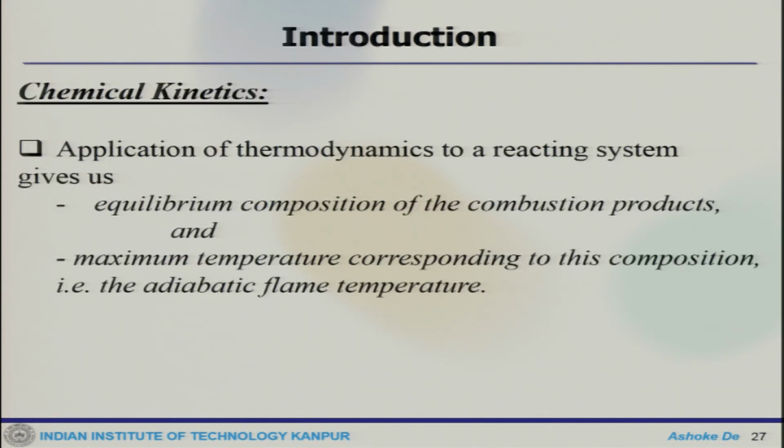Now, when you come to the kinetics, this is nothing but the application of thermodynamics to the reacting systems, which will give you an equilibrium composition of the combustion products.